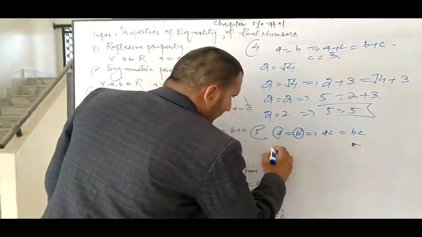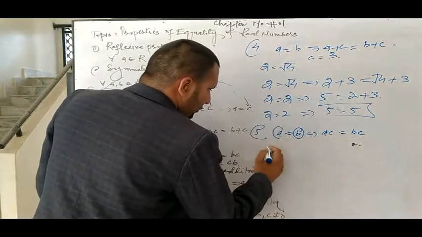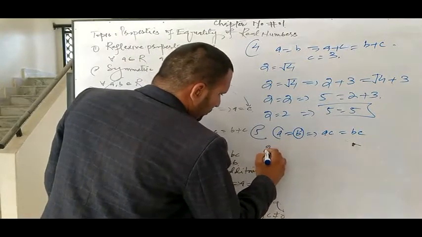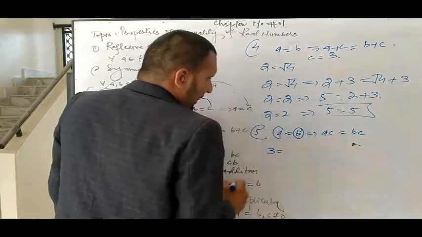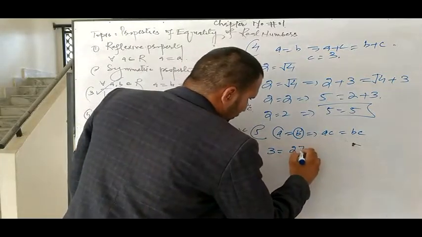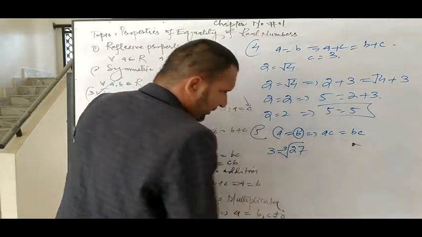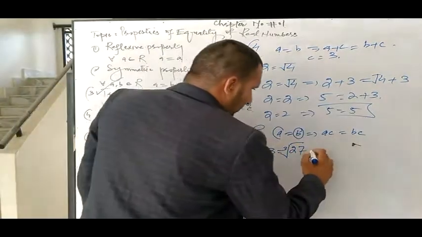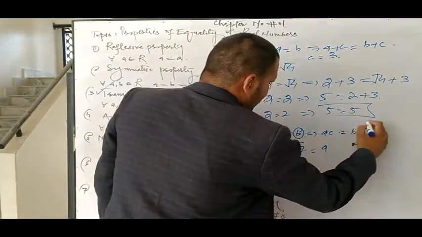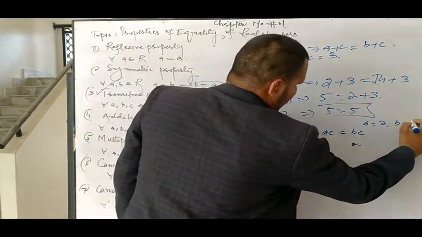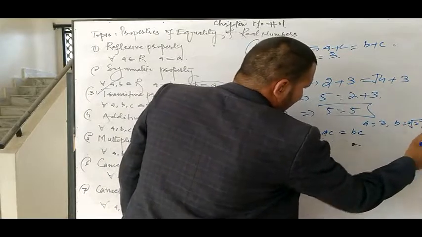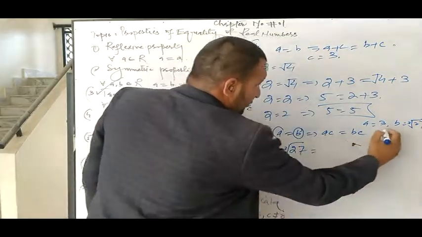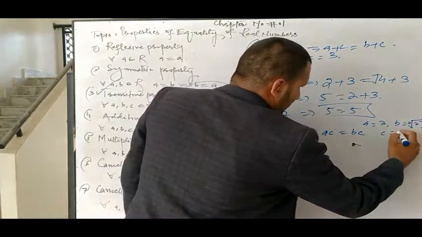Again, if we take any value, A is equal to 3 and B is equal to cube root of 27, and C is equal to 4.